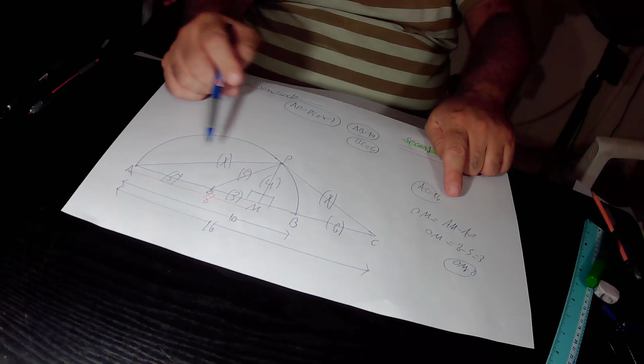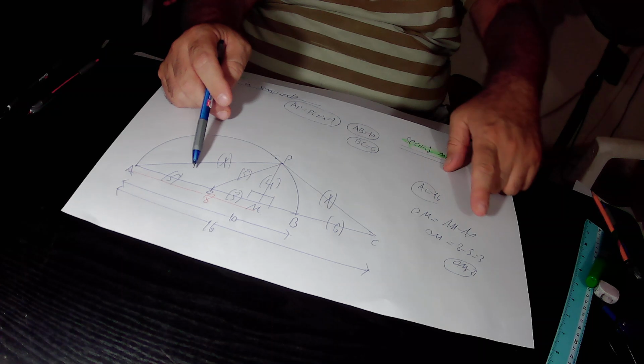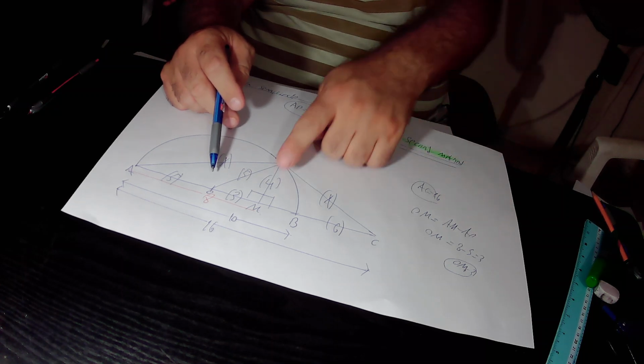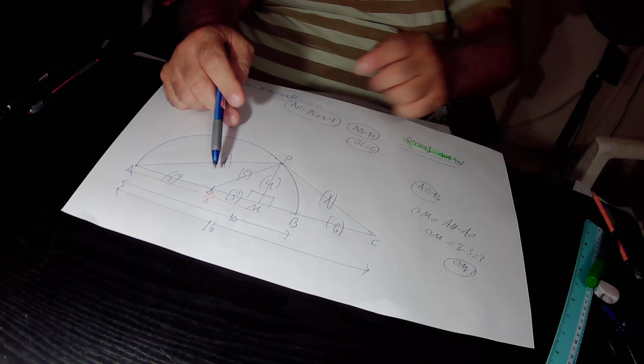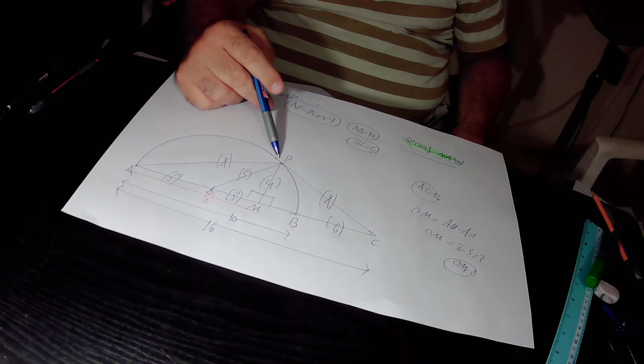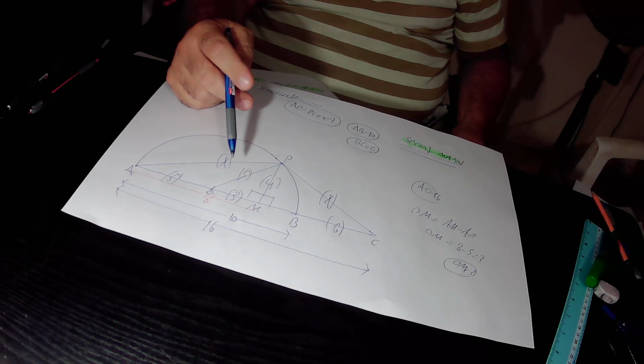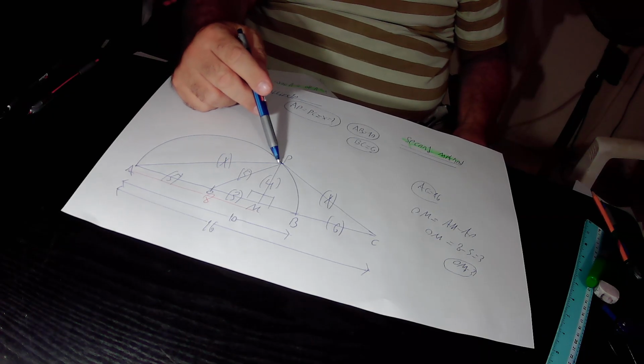So OM equals AM, that is 8, minus AO, that is 5. So in total OM equals 8 minus 5, that is 3. So OM equals 3 units in length. The hypotenuse OP equals 5. That are OPM, and PM is the missing side.